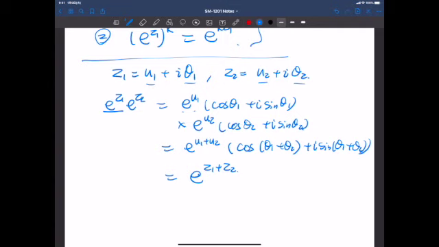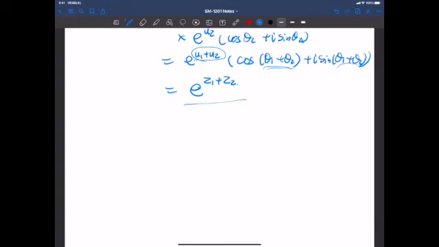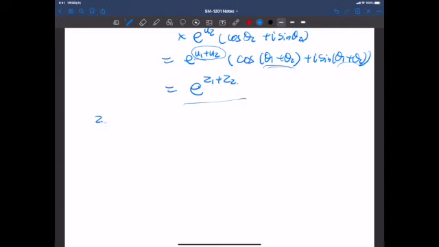If we add z1 and z2, the real part will be u1 plus u2, so that is this part. And as the imaginary part, we have theta 1 plus theta 2, so that is this. So in the end, we have this. And I leave the second part as an exercise.